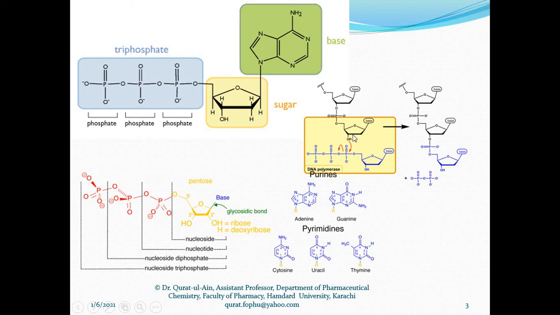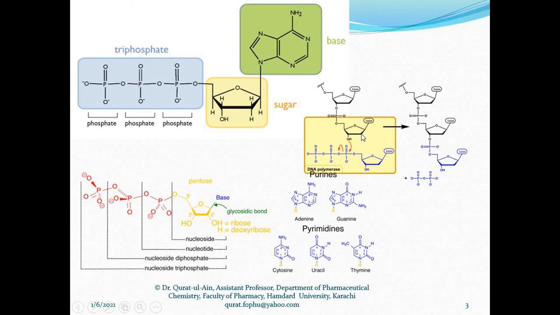These nucleotides join with each other via a phosphodiester bond, which is formed between the hydroxyl group of one ribose sugar and the phosphate of the other.